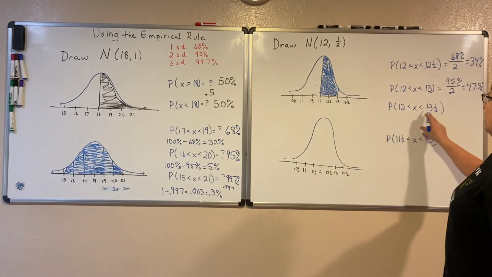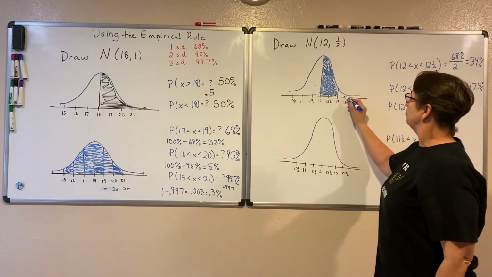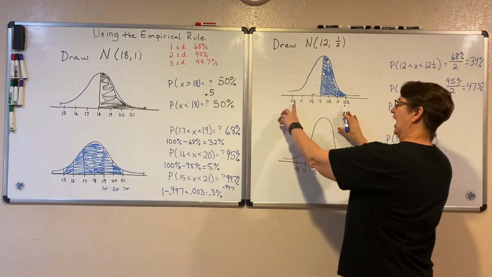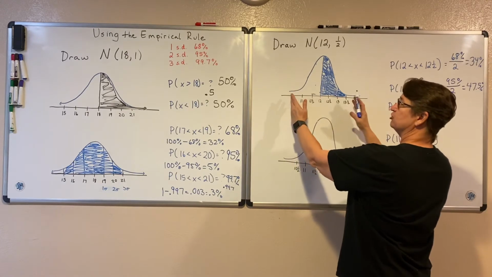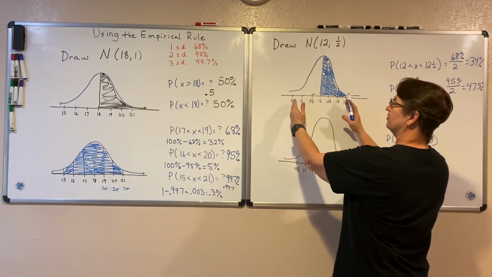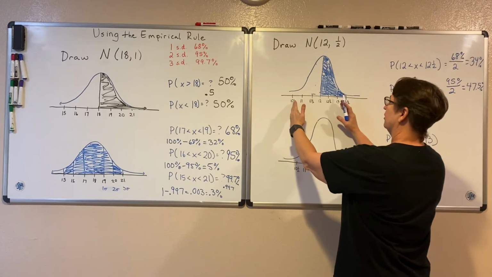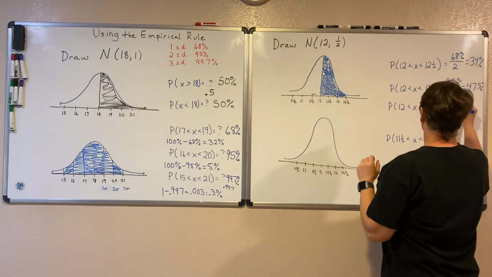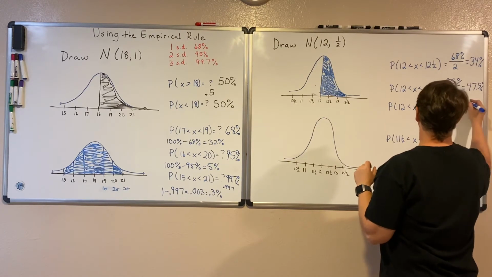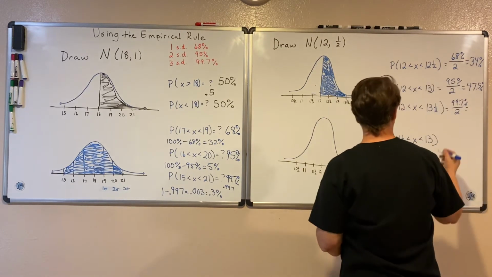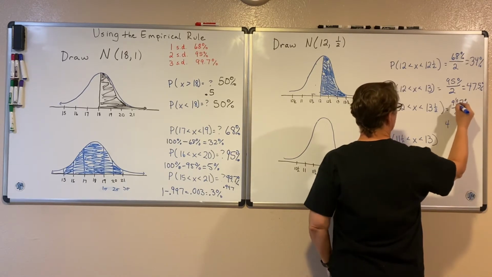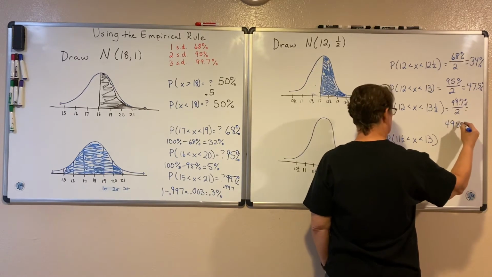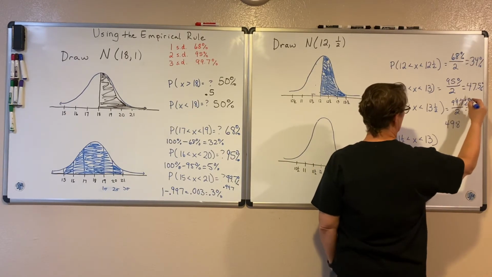Let's look at between 12 and 13 and a half. So here I've now gone out 3 standard deviations, but it's only half of that. If I went out 3 standard deviations on both sides, it would be 99.7% of my curve. But here I'm only looking at half of that. So I'm taking that 99.7% and dividing it by 2. So we get, well, that's 4, 9 with 1 left over, 8 with 1 left over, 5.